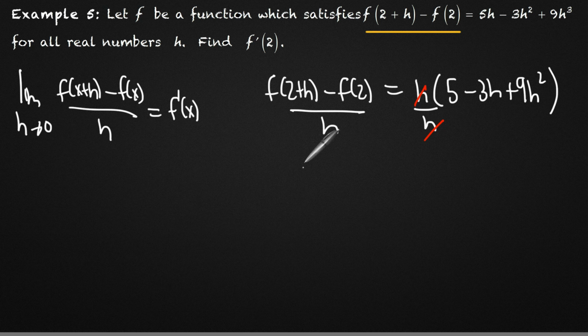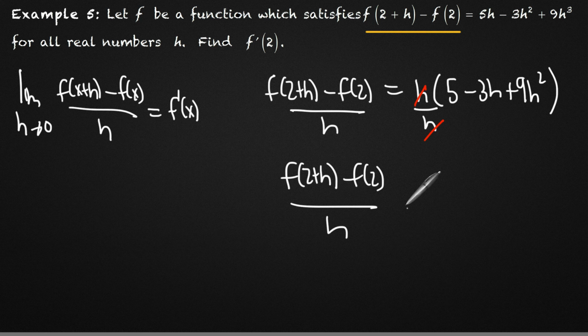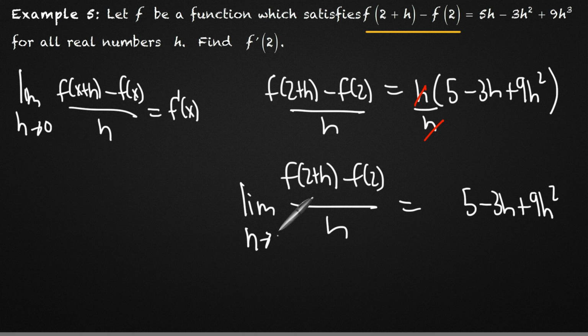And then we have essentially f of 2 plus h minus f of 2 over h equals 5 minus 3h plus 9h squared. Okay, we're missing the limit as h approaches 0, so why don't we just take the limit of both sides? We are allowed to do that because in math, whatever you do to one side, you have to do to the other side.